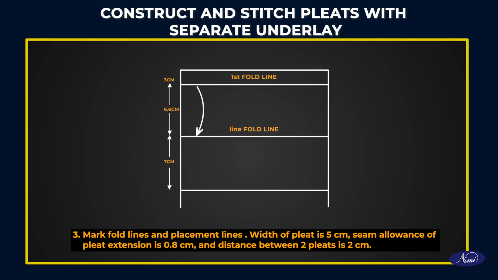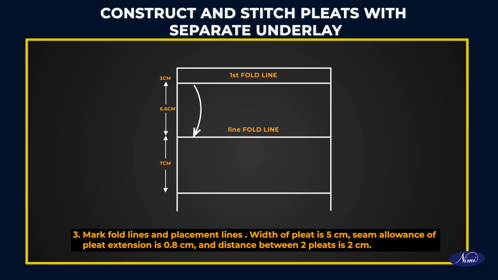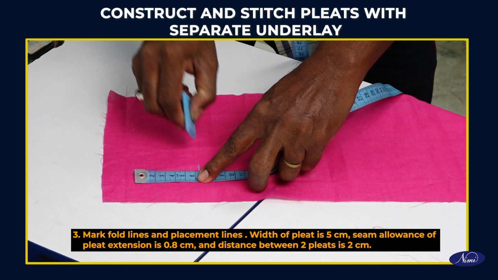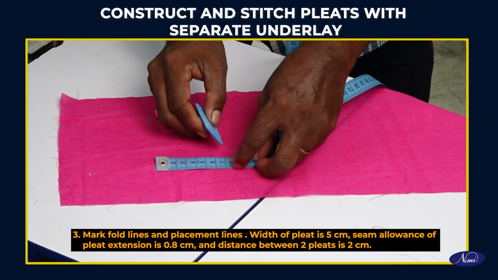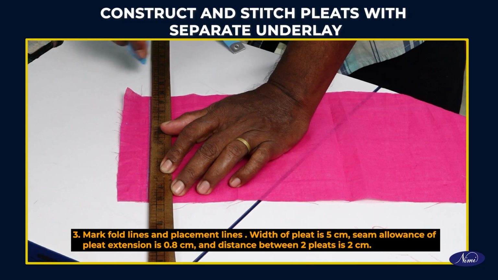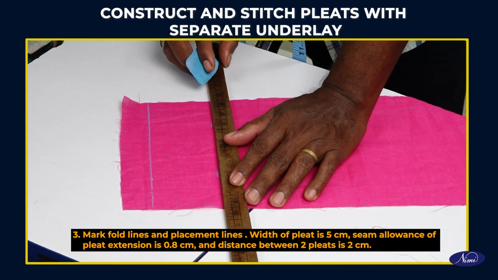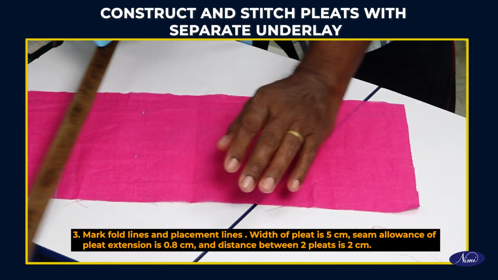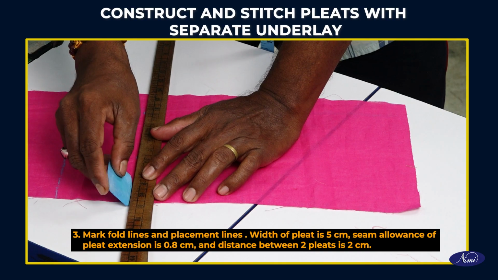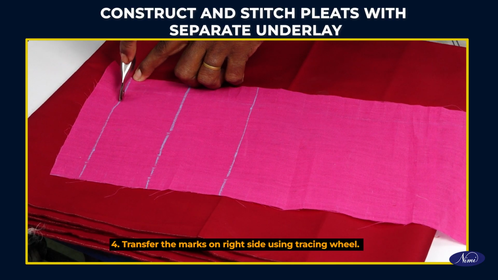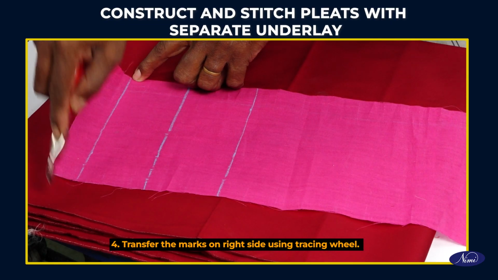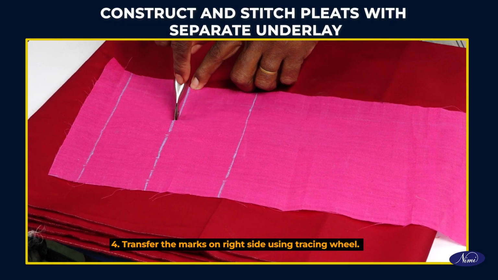Mark fold lines and placement lines. Width of pleat is 5 centimeter. Seam allowance of pleat extension is 0.8 centimeter and distance between two pleats is 2 centimeter. Transfer the marks on right side using tracing wheel.